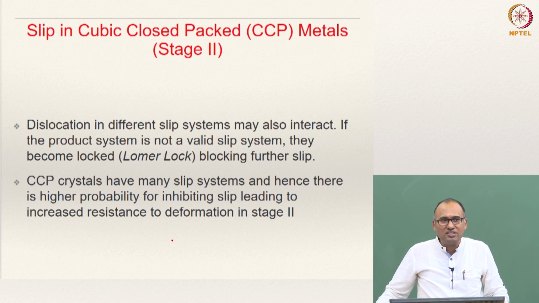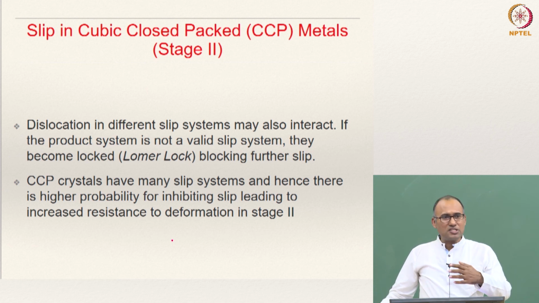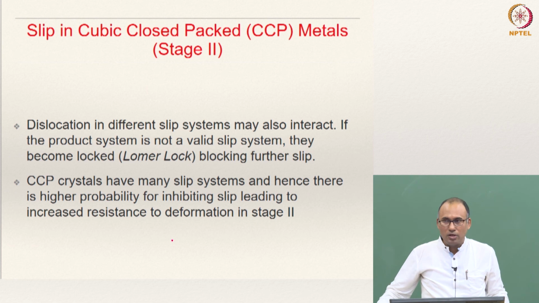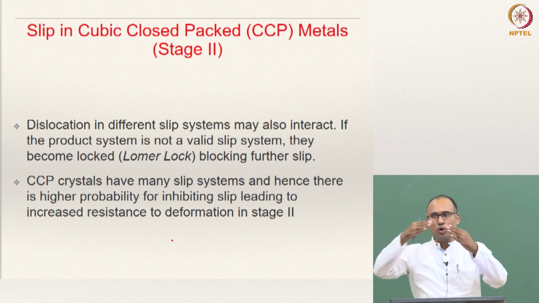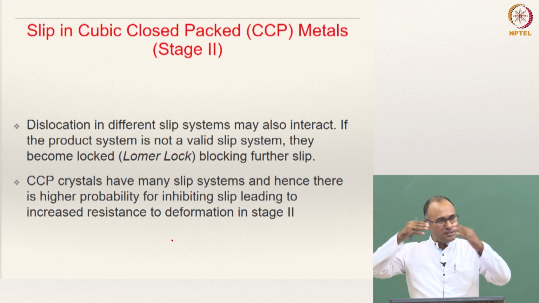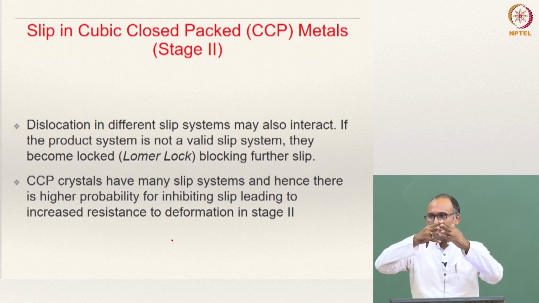What is the meaning of invalid slip system? Such a slip system cannot exist in this material, both from the planar density, close pack density and close pack direction perspective, right? So that is not going to impart further dislocation motion by working in that slip system, and hence the dislocations now don't know what to do, and then they get locked, right?